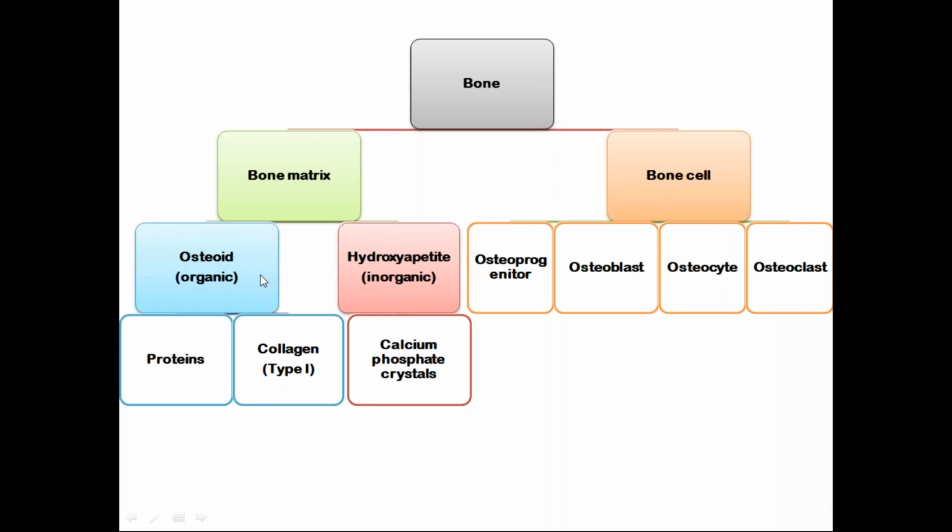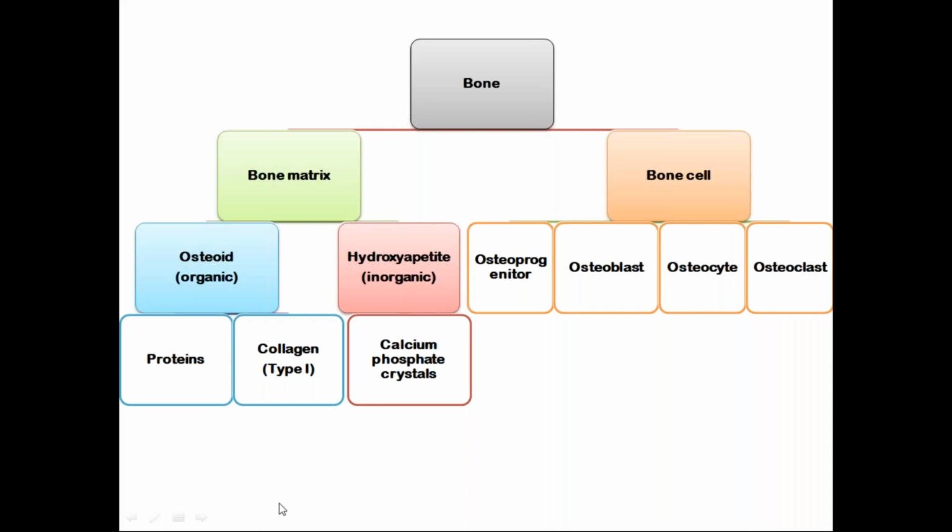Okay, and the osteoid is made up of proteins and collagen. You should know the proteins and collagen. And collagen जो है वो बहुत सारे types का होता है, type 1, type 3, type 4, type 5.